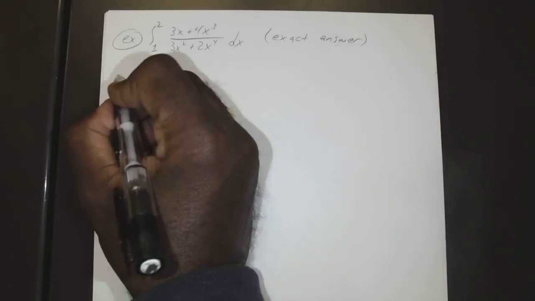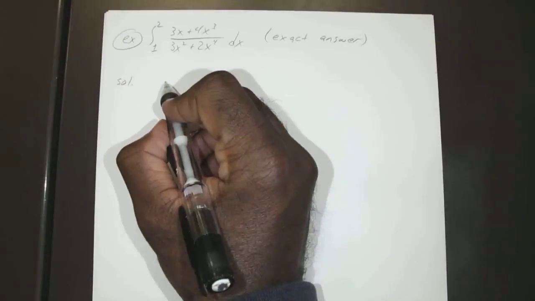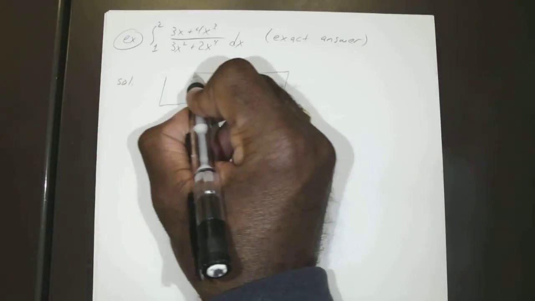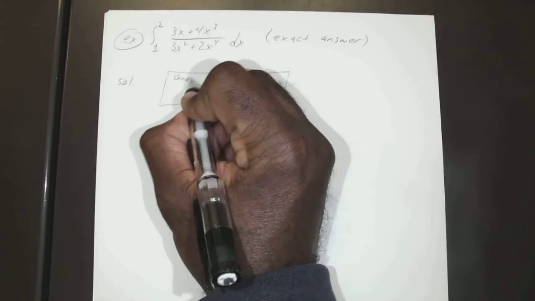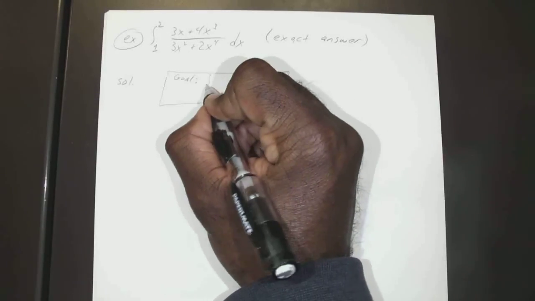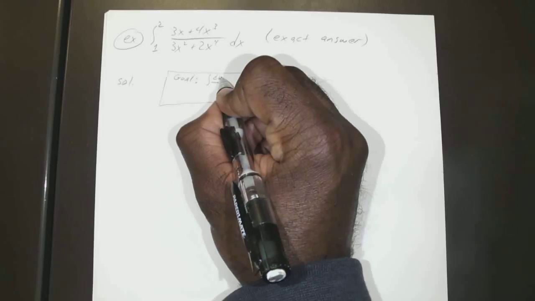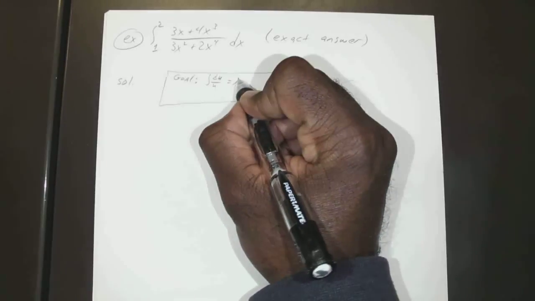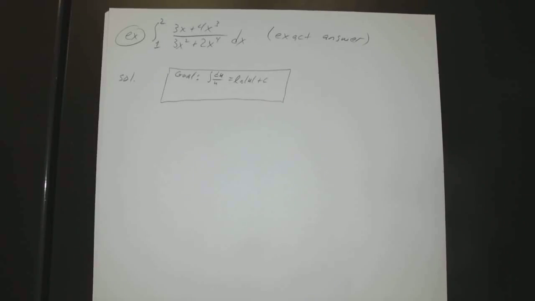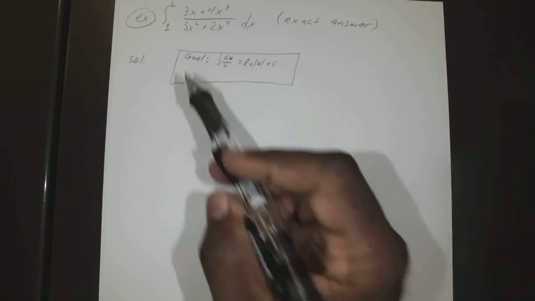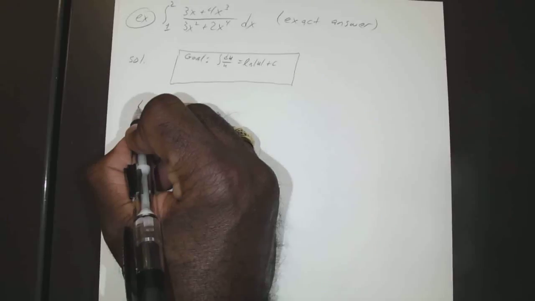All right, so just like before, our goal is the integral of du over u equals natural log of u plus c. So we're going to let our denominator equal u.